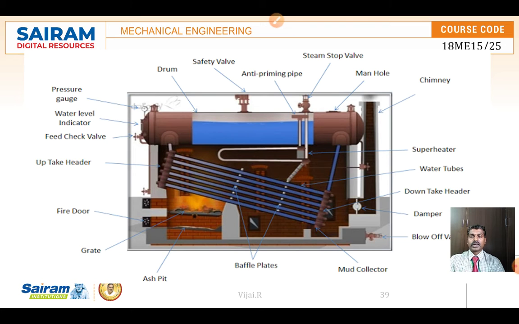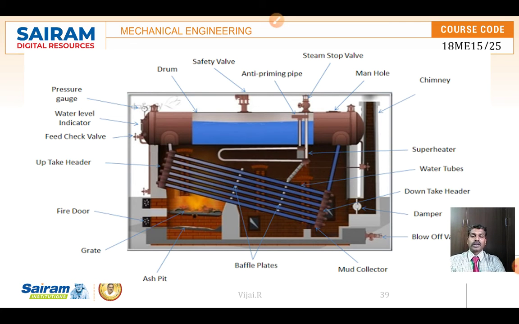When the hot water reaches the top uptake header, it becomes hot steam. That steam is stored in the top level of the boiler. Then the steam is separated from the boiler and brought to the turbine blades, right?